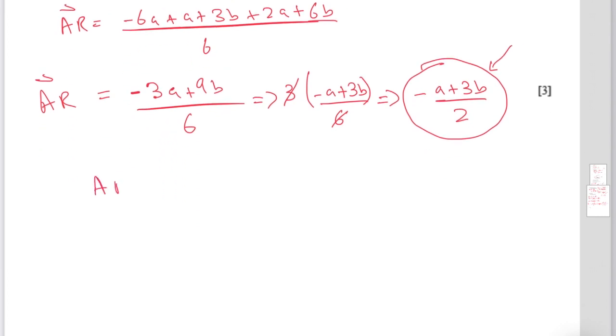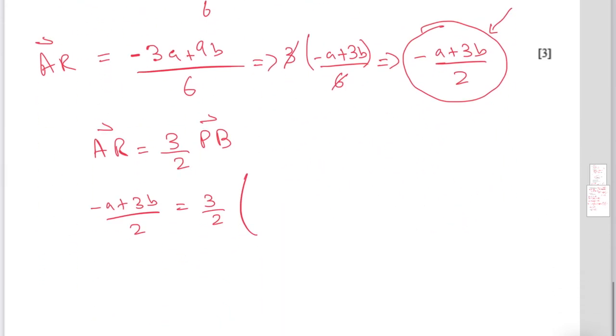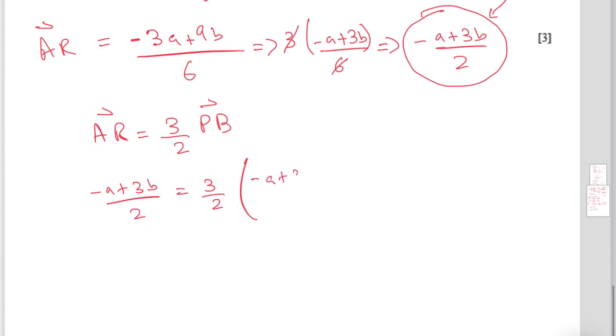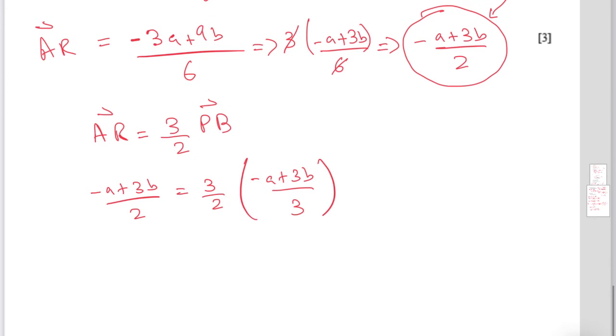Now AR is equal to 3 over 2 PB. How is that possible? So if I write AR over here, negative A plus 3B over 2, and I write 3 over 2 times PB, which is negative A plus 3B over 3, then what do I do?